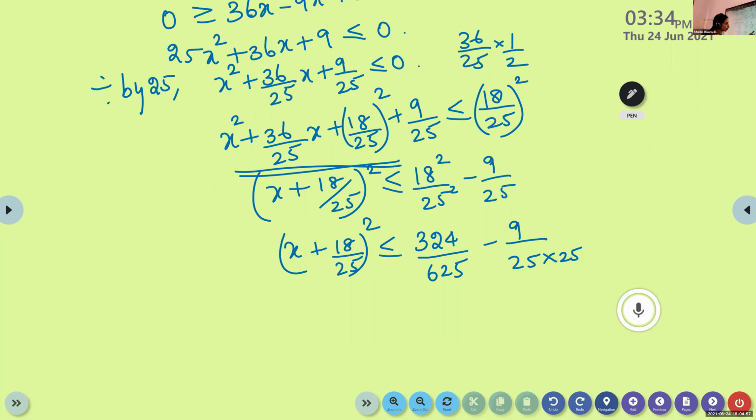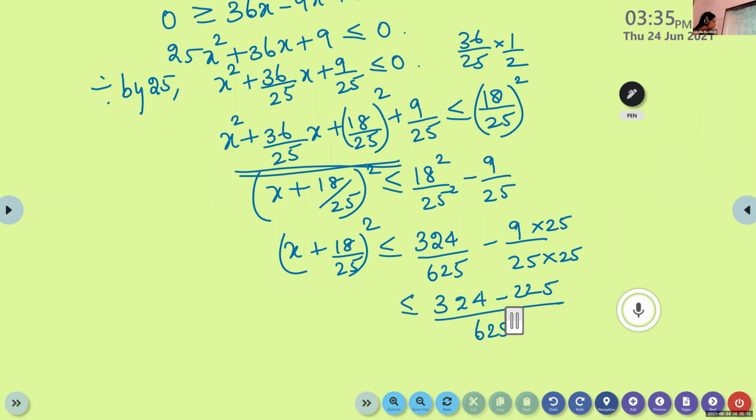Okay, now make the denominator the same. So we can write this as 324 minus, what is 9 into 25? 9 5s are 45, 225, by 625.